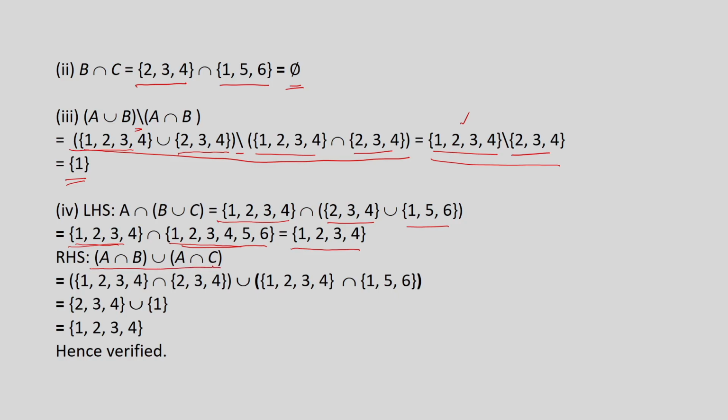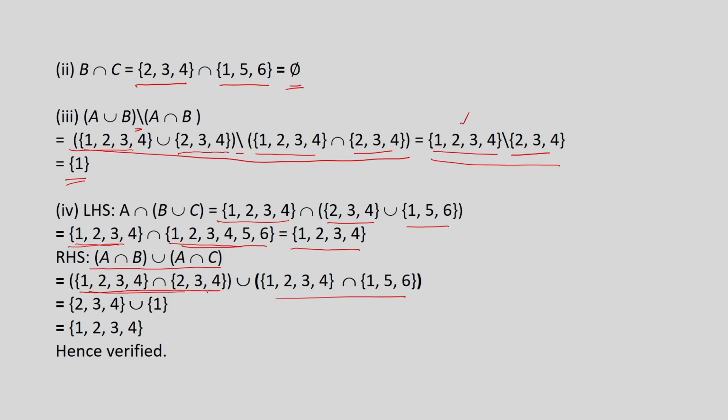Right hand side was this, within the brackets A intersection B, then union within the brackets A intersection C. All right. So, A intersection B means this 1, 2, 3, 4 intersection 2, 3, 4, and union of A intersection C, that is 1, 2, 3, 4 intersection 1, 5, 6.